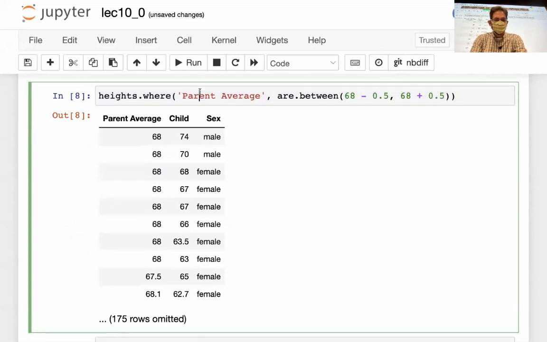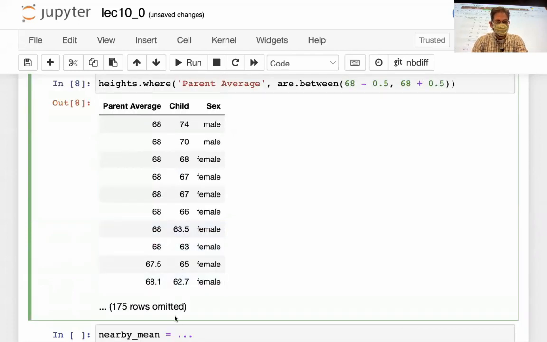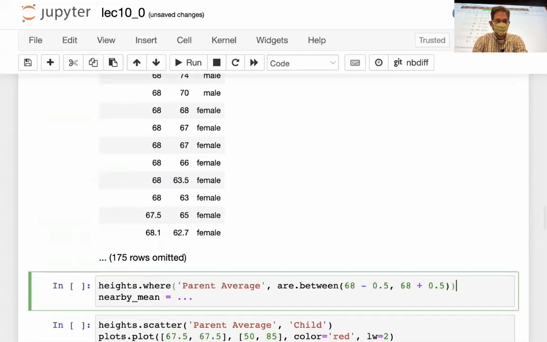So we could assign it nearby, and then the mean of the children of all the rows that are nearby to the particular parent average height that we're interested in is np.mean or np.average of the nearby table's child column.